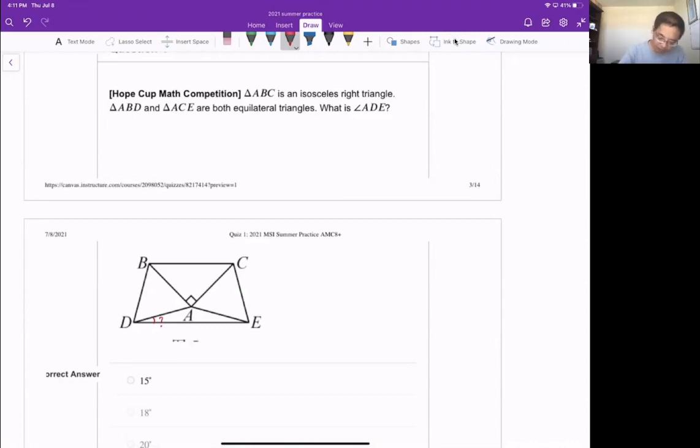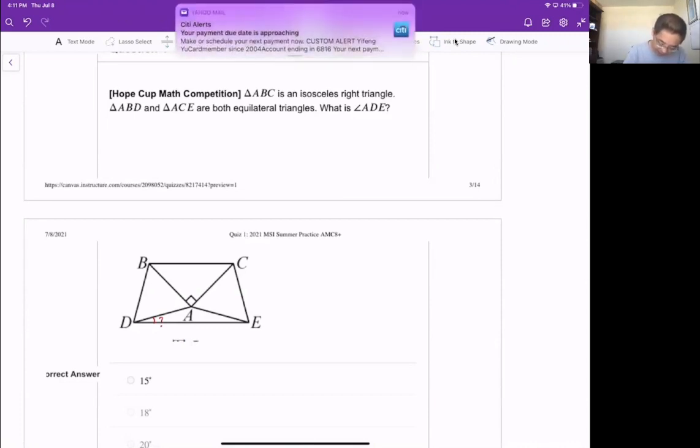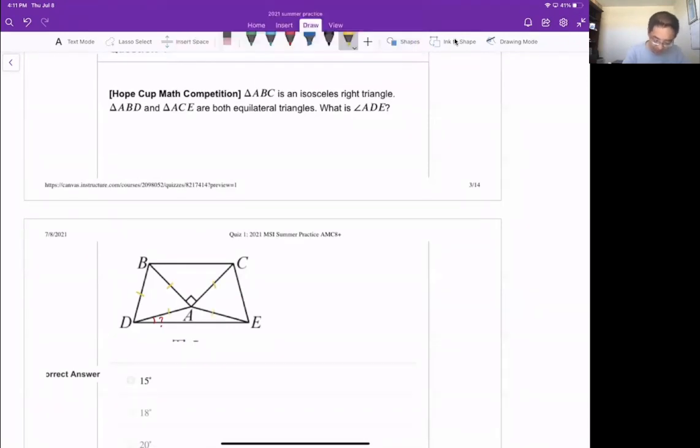What I will do is, you see, because all those sides are the same, since it's an isosceles right triangle, and then we do equilateral triangles. So this one is 60 degrees because it's an equilateral triangle, right? This one is 90 degrees. It's a right triangle.